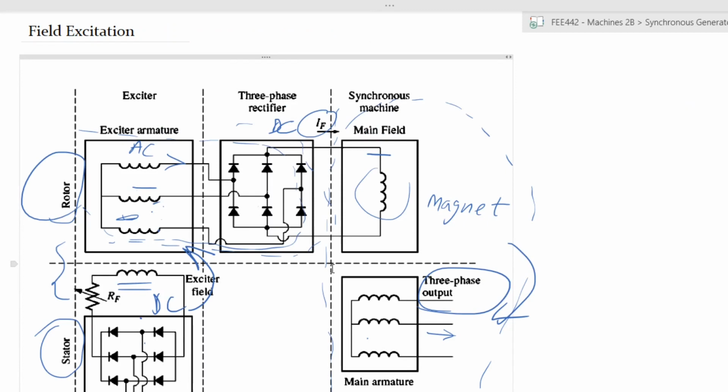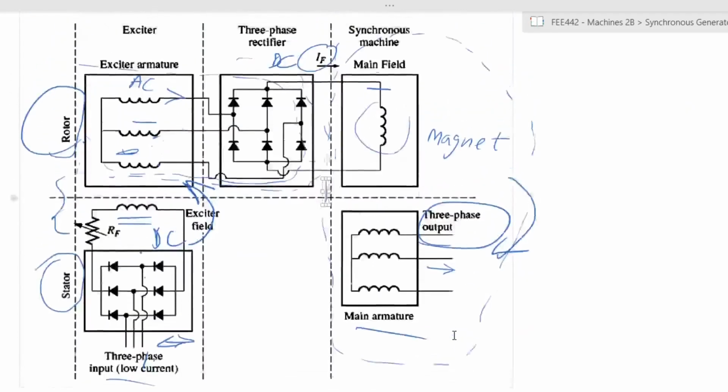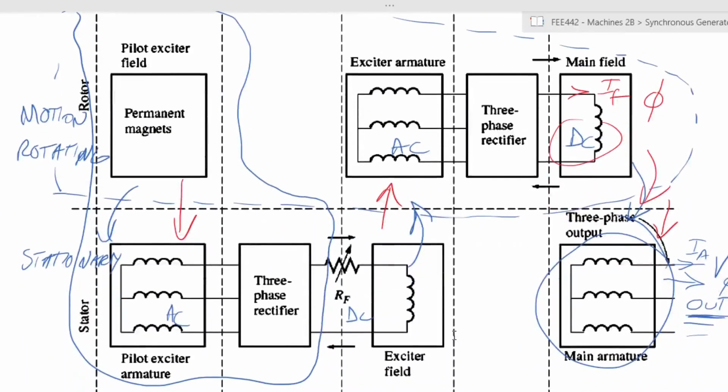When we are looking at the output of our generator, what the load sees is a phase voltage, that is a terminal voltage that is available at the 3 or the 4, in the case of a star connected machine, terminals of our alternator. What voltage does the load see? We are giving it as terminal voltage V-phi.